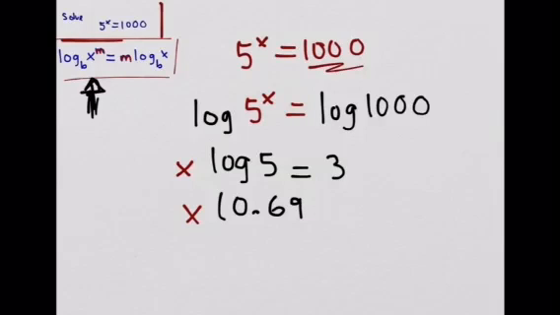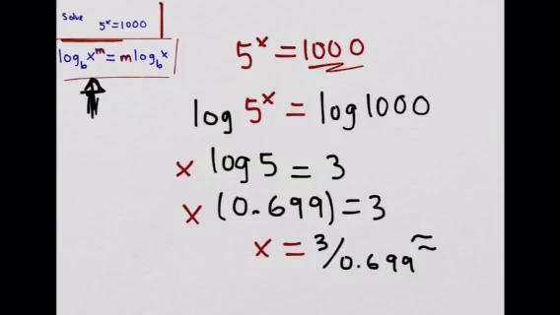So I'm going to write 0.699. You have x times 0.699 equals 3. So I'm done. I know that x would be equal to 3 divided by 0.699, which is approximately 4.29. If I put no decimal rounding, it would be 4.292.